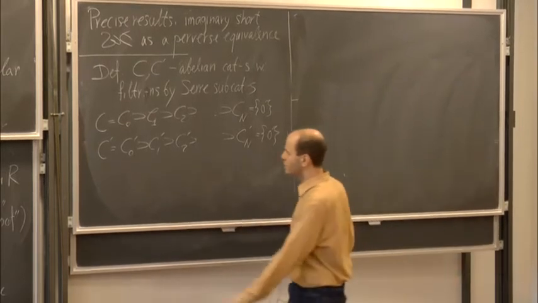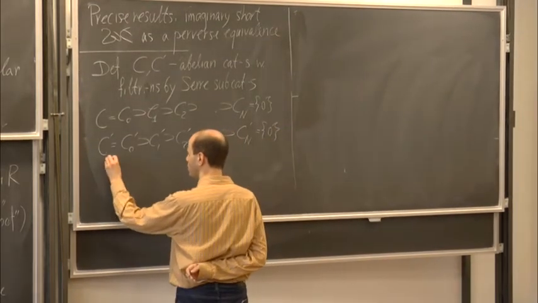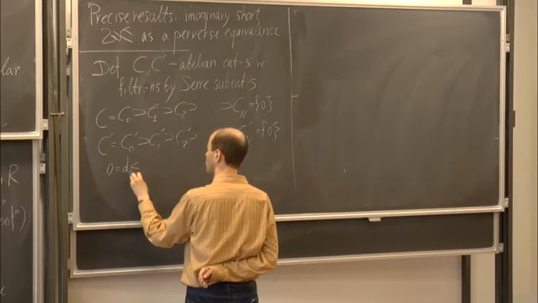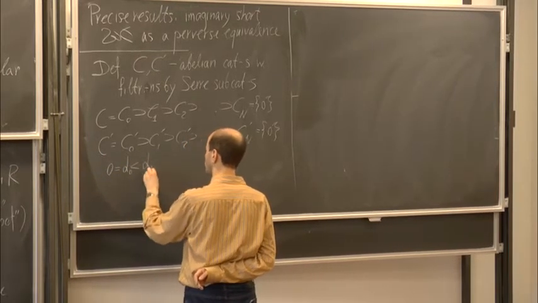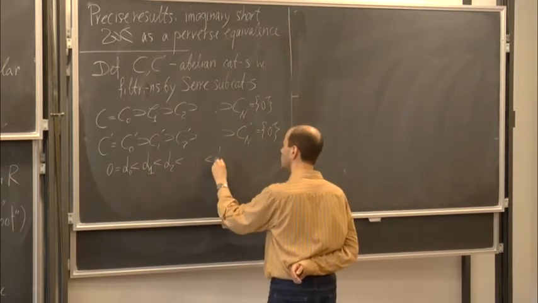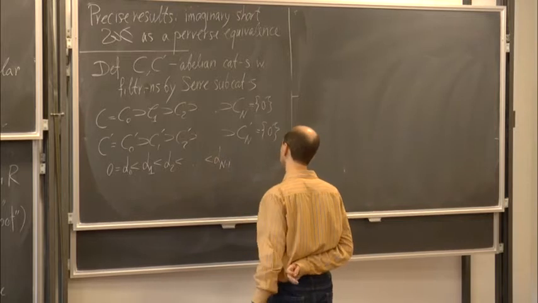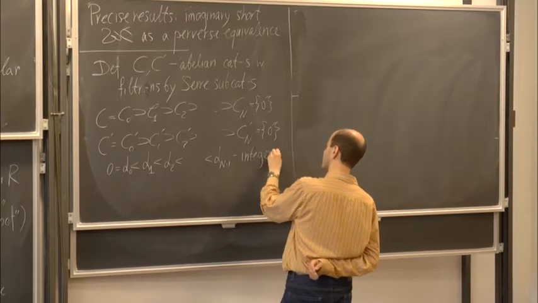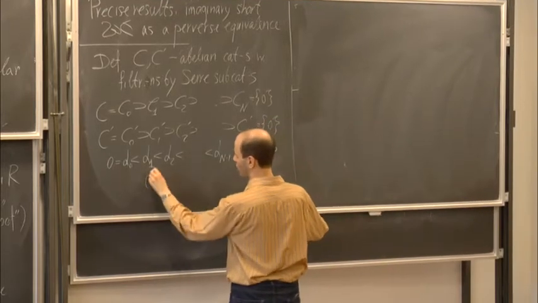And suppose that I am also given a collection of integers, 0 equal to d_0, less than d_1, less than d_2, and so on, less than d_{n-1}, I guess. These integers will be called homological shifts.